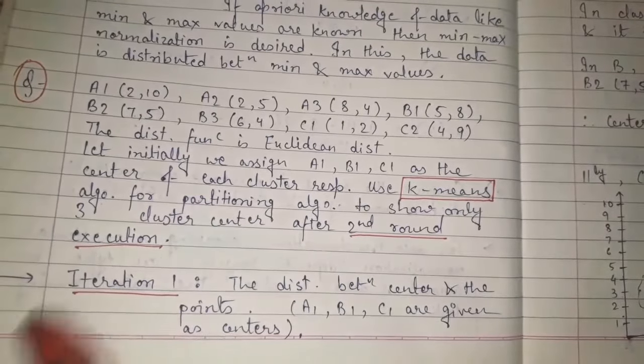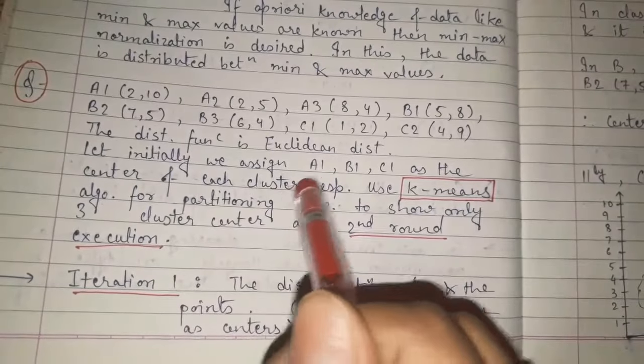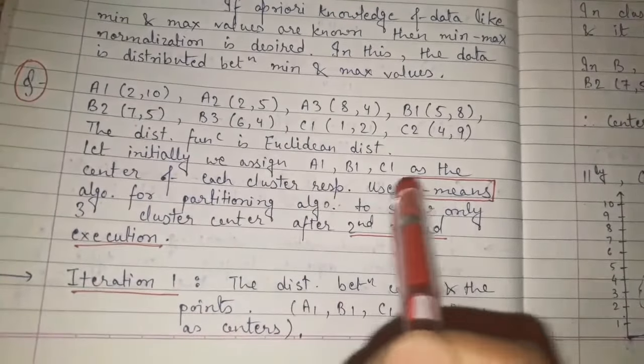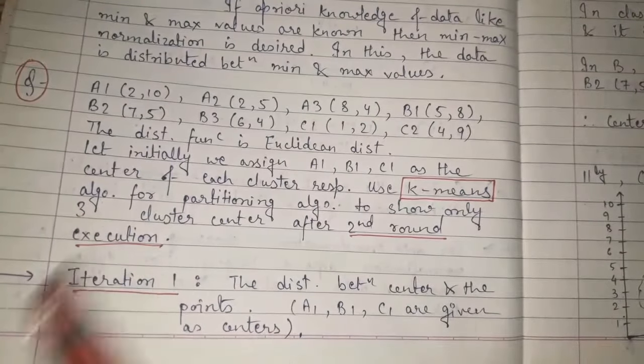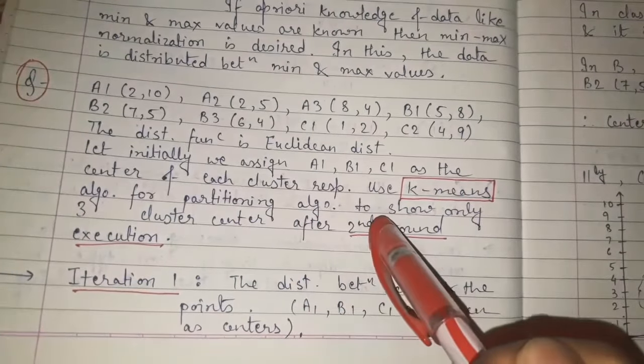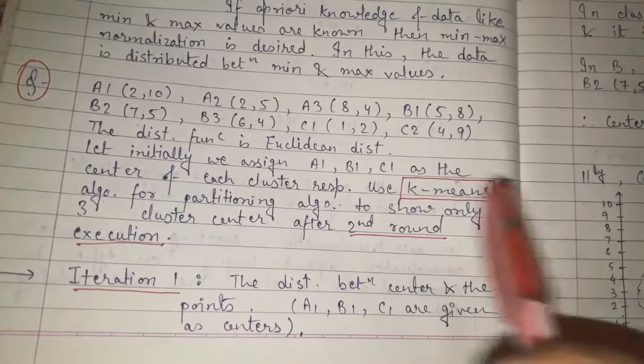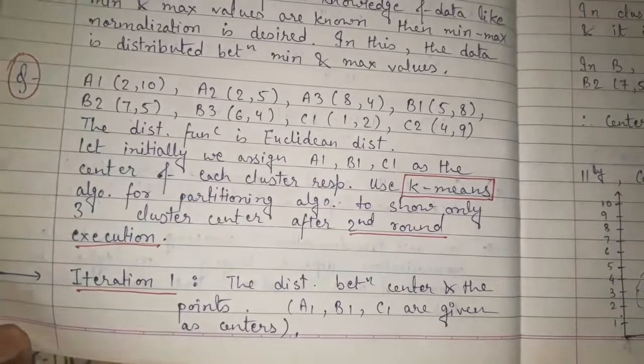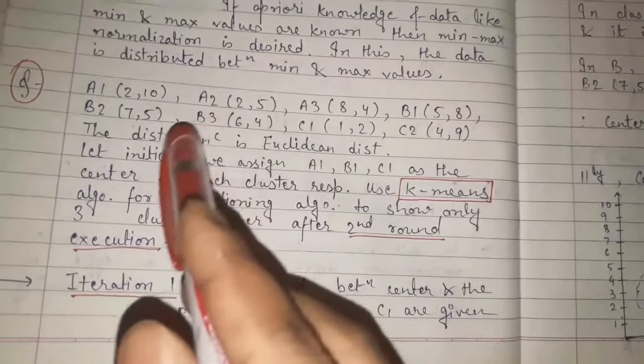What else is given? Let initially we assign A1, B1 and C1 as the center of each cluster respectively. Use k-means algorithm for partitioning algorithm to show 3 cluster centers after second round of execution. So in simple words, they have given you the data.